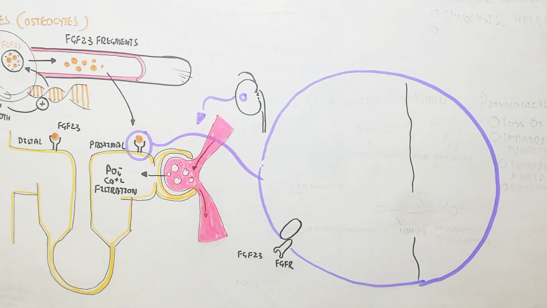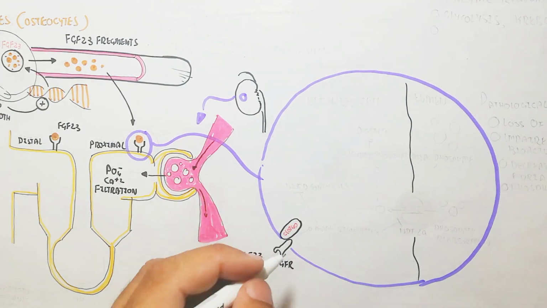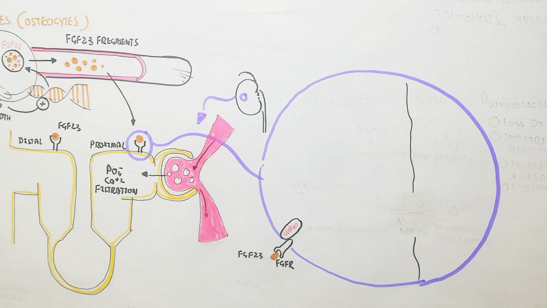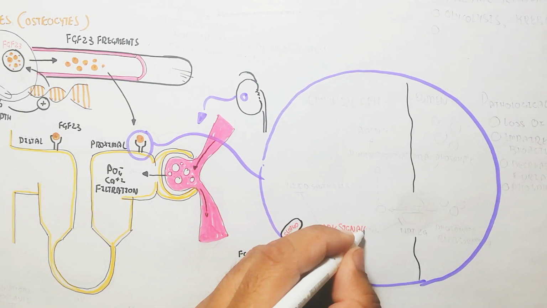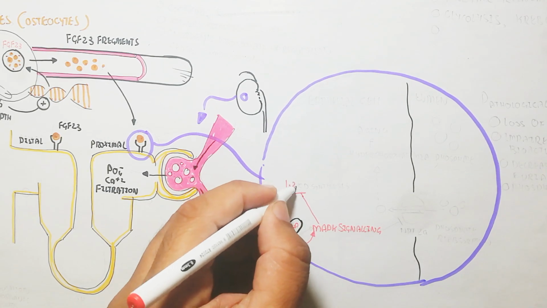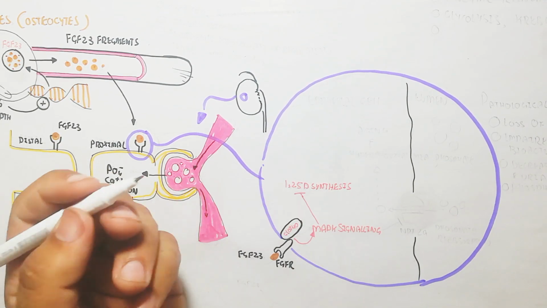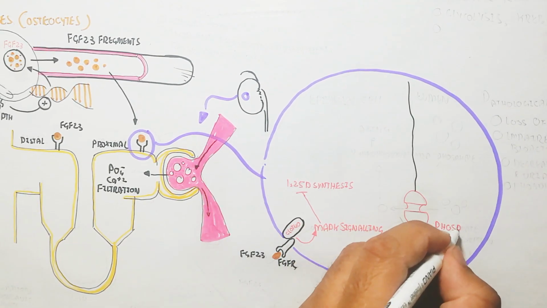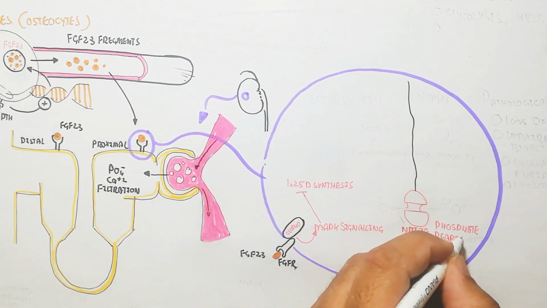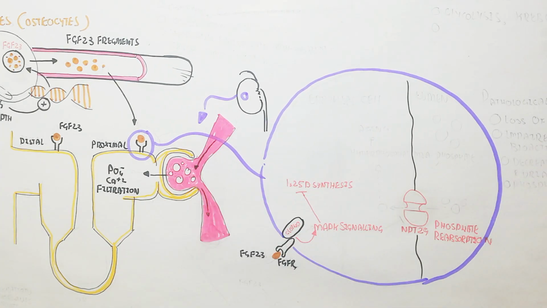When phosphate and calcium are filtered, here is the bigger picture. CLOTHO will bind with the FGF receptor, activated via binding of FGF23, to activate the MAP kinase signaling pathway, which will inhibit NPT2A, the phosphate reabsorption channel.